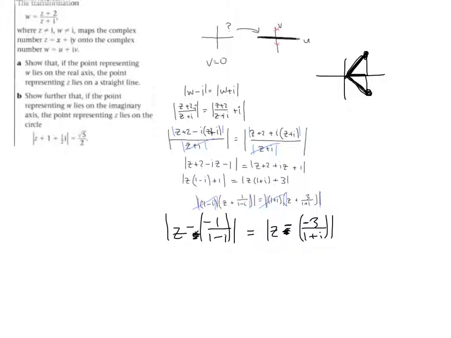I can see I've got a perpendicular bisector, of minus 1 over 1 minus i and minus 3 over 1 plus i. What was I trying to do? I was trying to show that they lie on a straight line, and I have shown that. I haven't got the exact points. If I could be bothered, I would rationalise the denominator and find the exact points in Cartesian form, but I can't be bothered. I have shown that it lies on a straight line.